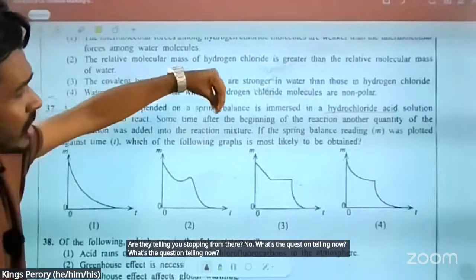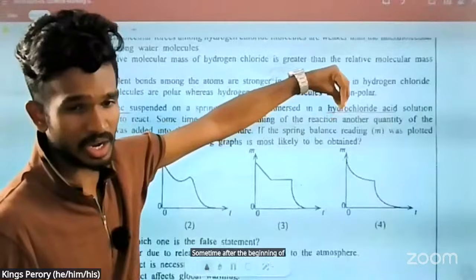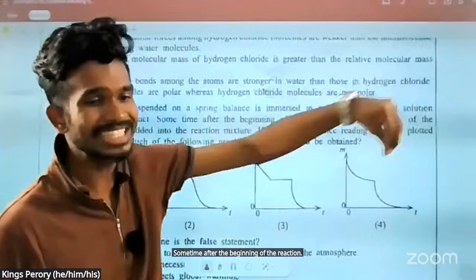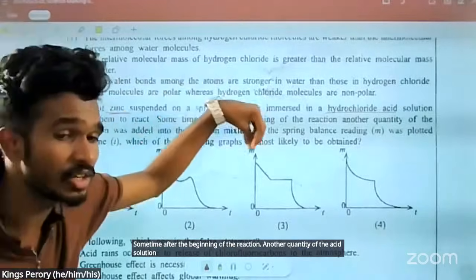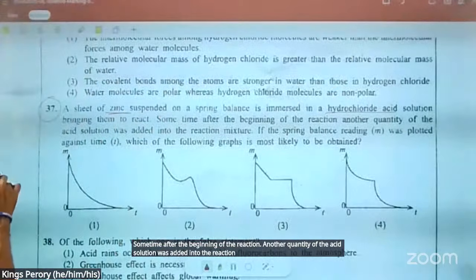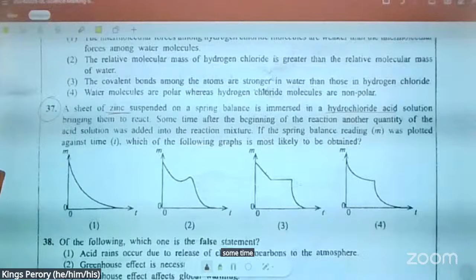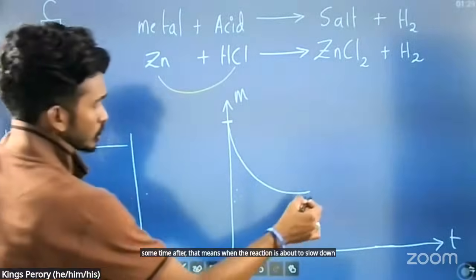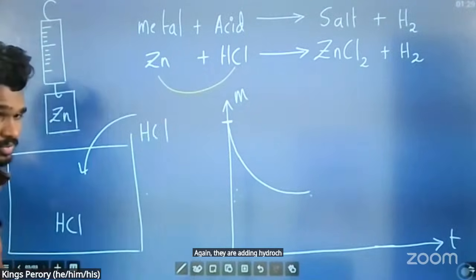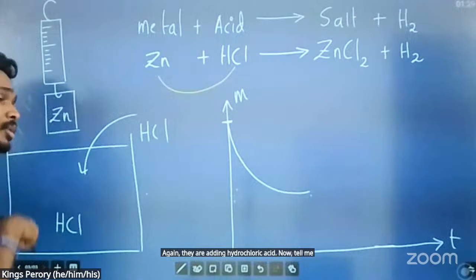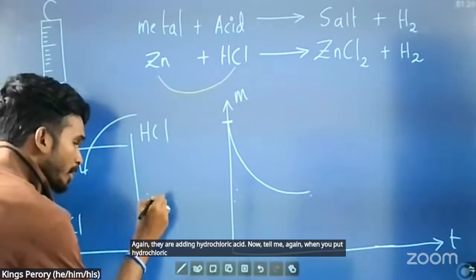Sometime after the beginning of the reaction, another quantity of the acid solution was added into the reaction mixture. Sometime after, that means when the reaction is about to slow down, again they are adding hydrochloric acid. Now tell me, when you put hydrochloric acid again, what will happen to the concentration?